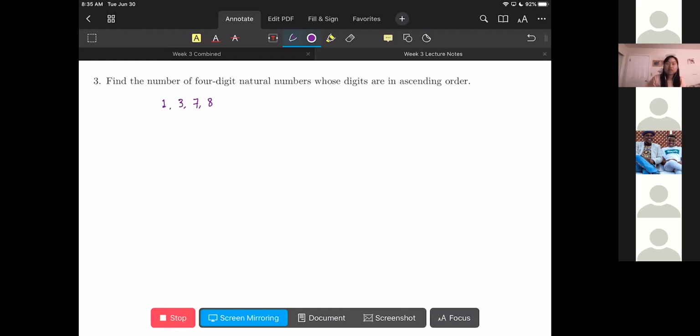We see that there's only one way to create a 4-digit natural number whose digits are in ascending order. Basically, if I have these 4 digits, the only way I can make a number that satisfies this property is by putting them in one order. All of the other orders will not give me ascending order. So with this hint, any ideas?